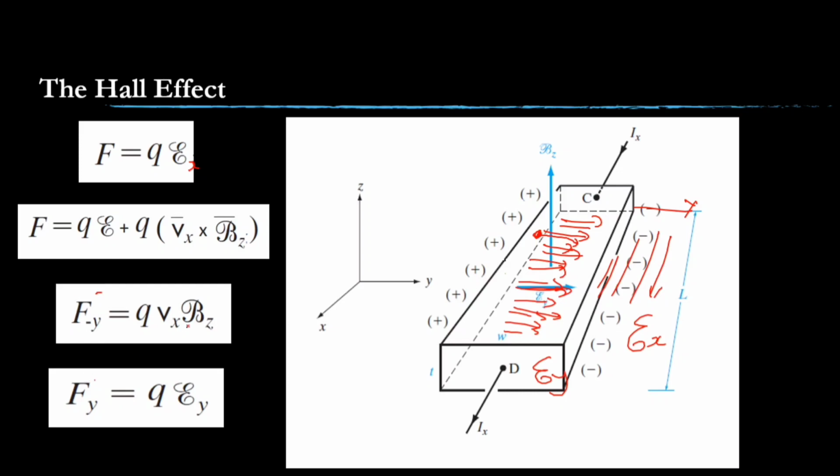After some time, these two forces are going to be equal, because as the charge carriers keep on separating, this electric field will become strong. Then this electric field will pull these holes in the direction of the electric field epsilon y, and that will be equal to q Vx into Bz after some time.